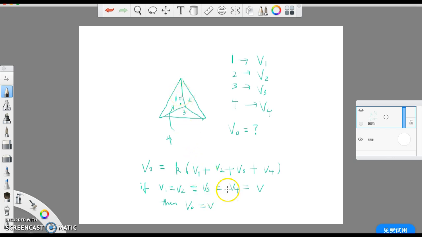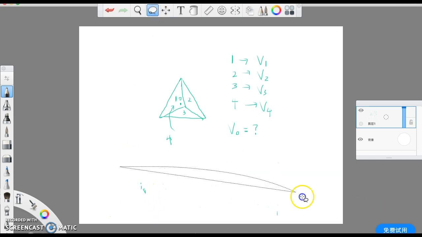So that means this k must be 1/4, right? So the correct answer is V0 is equal to 1/4 of V1 plus V2 plus V3 plus V4.